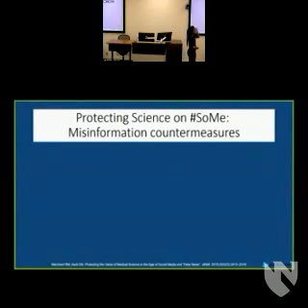Okay, so we talked a little bit earlier about misinformation on social media. There was a really interesting paper that I wanted to share with you that had some thoughts on how to protect science from misinformation on social media.